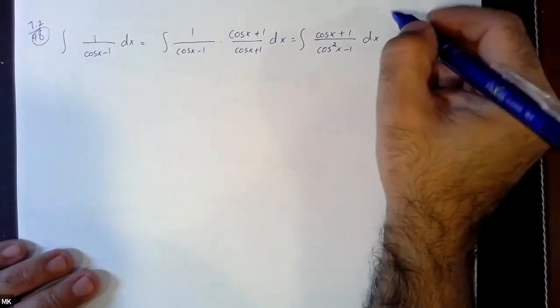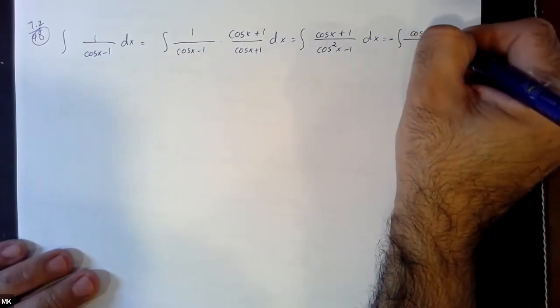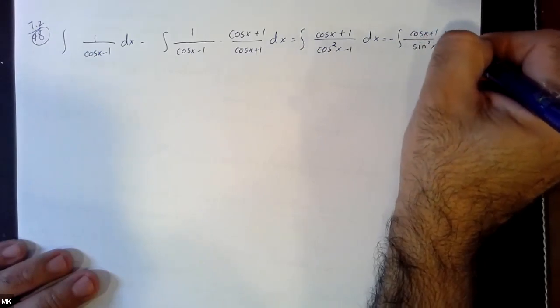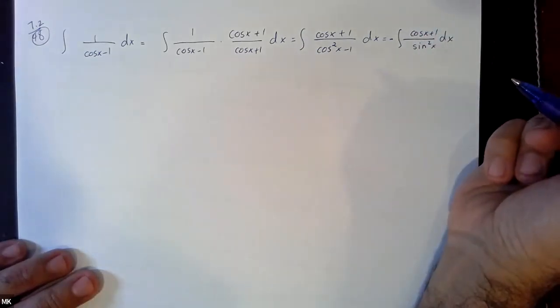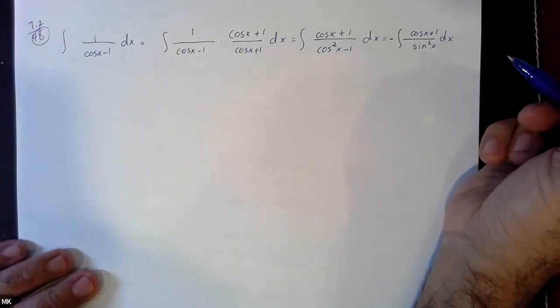Now, obviously, if I change the denominator, I get negative cosine x plus 1 over sine squared x dx, because 1 minus cosine squared gives you sine squared.